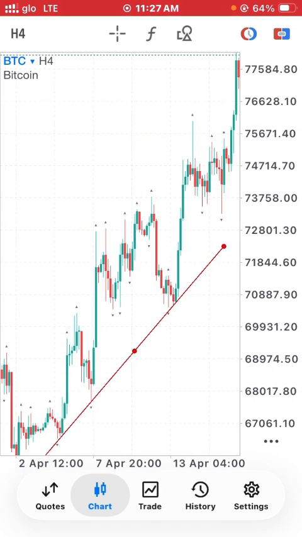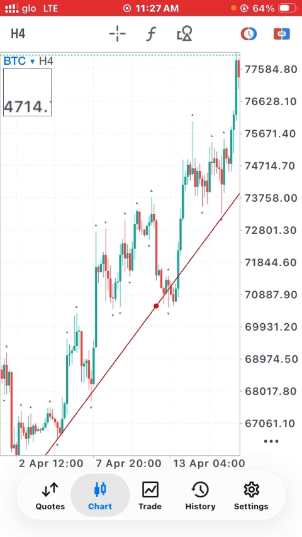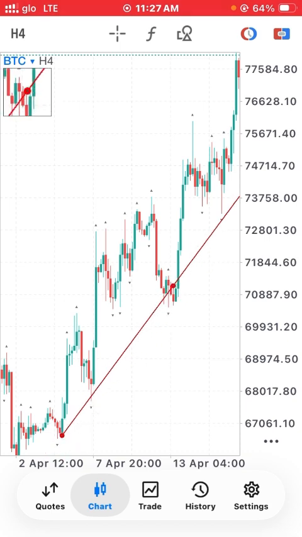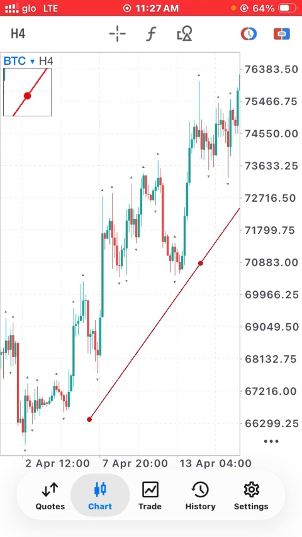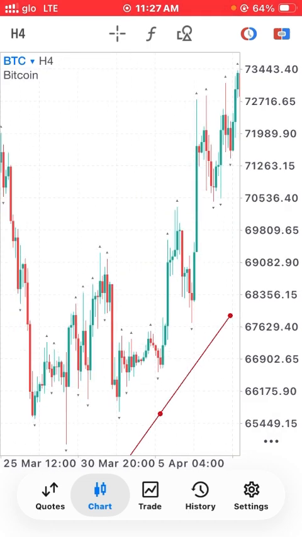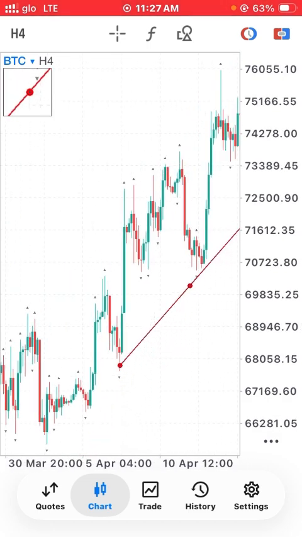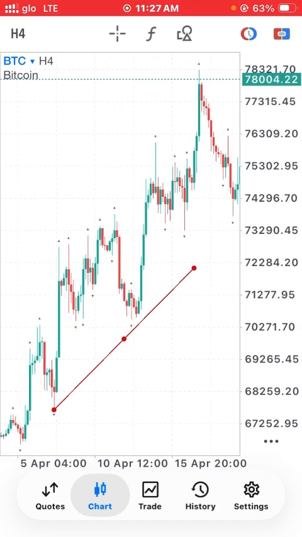Then what happened after that? It came back down again. You have to move the trend line. Came back down again, move the trend line to this place to get what you're looking for. Alright, move the trend line again.